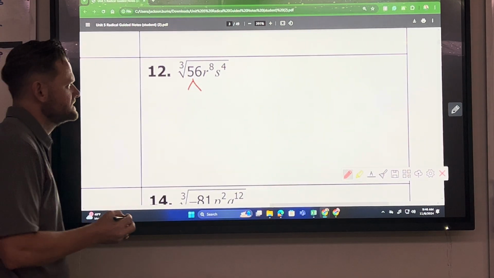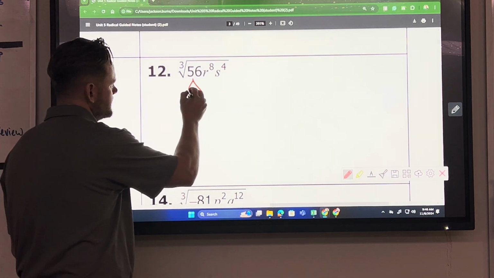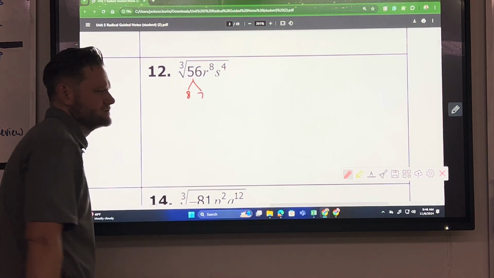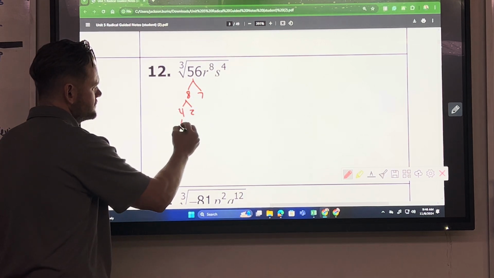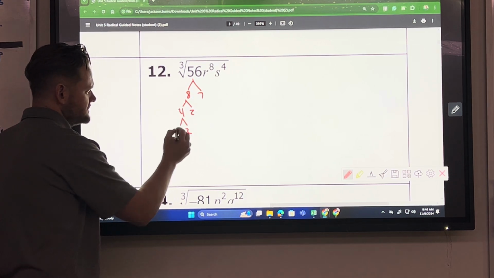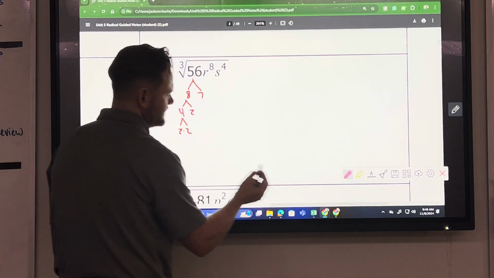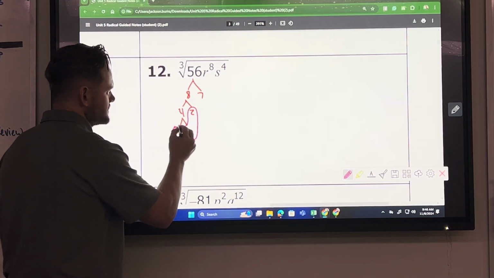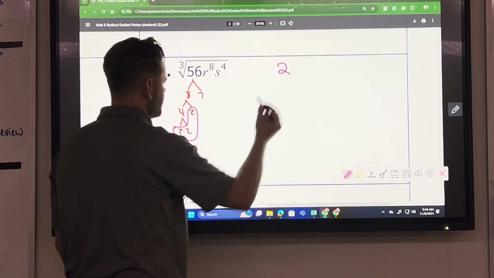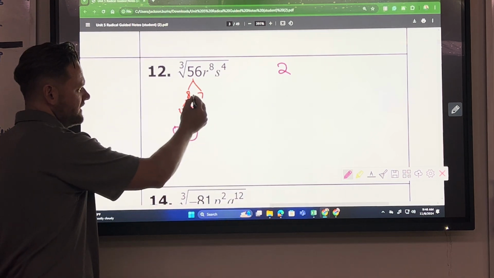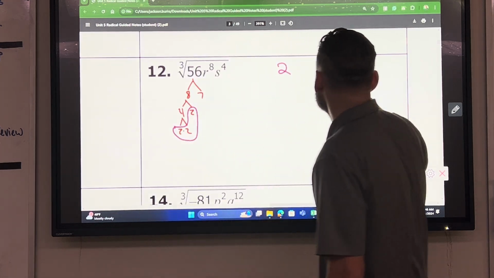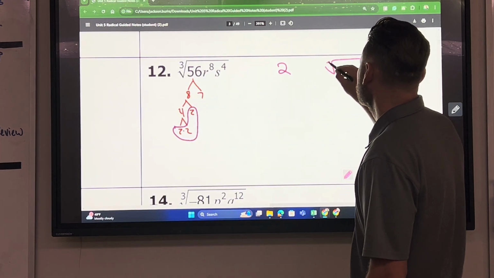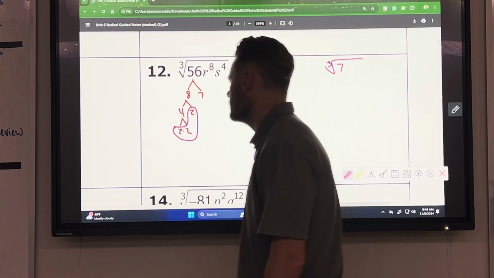I know 56 is 8 times 7. I know 8 is 4 times 2, and 4 is 2 times 2. So I do have one triplet right here. So I can take that out and put it in front. I know I'm going to be left with a 7 underneath my cube root. So I can draw my cube root. I know I'll be left with a 7.